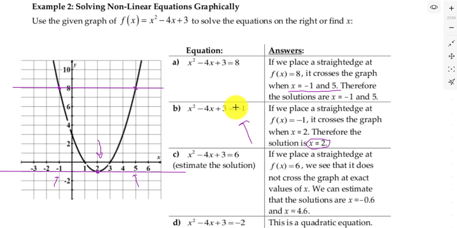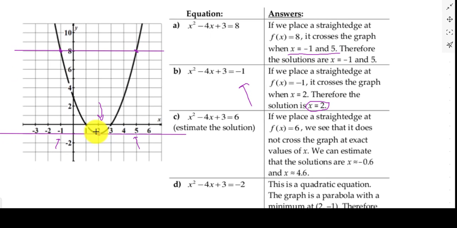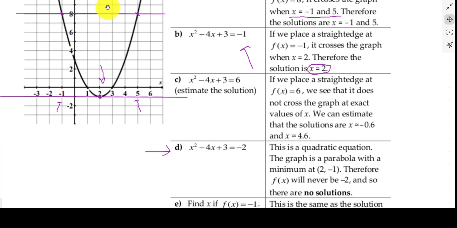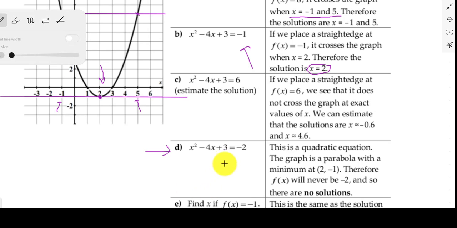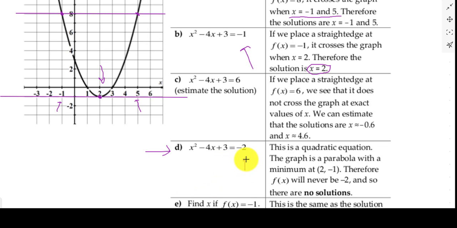So we could have two solutions, such as the first problem. We could have one solution, but take a look at letter D. This is a situation where we might have no solutions. What value of x is going to give me negative 2? Let's scroll up a little bit. I have to draw a line at negative 2, so that's down here.